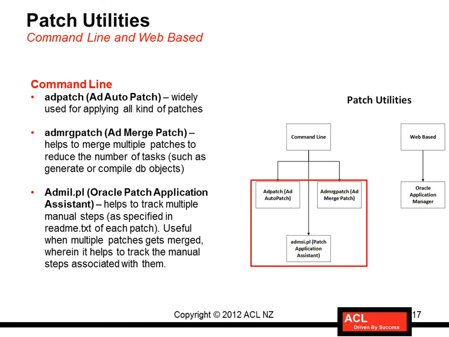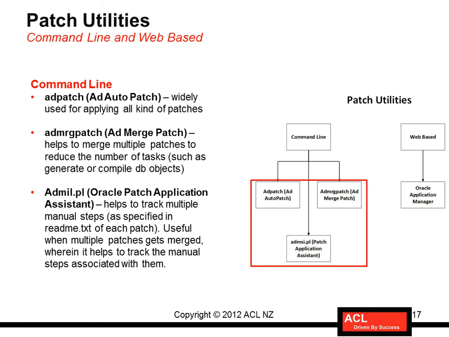Okay, now this is like a shortcut, something enhanced beyond Admrgpch, in that it not only helps you to track the merged patches, but it also helps you to track the manual steps that a DBA has to do for applying the patches.